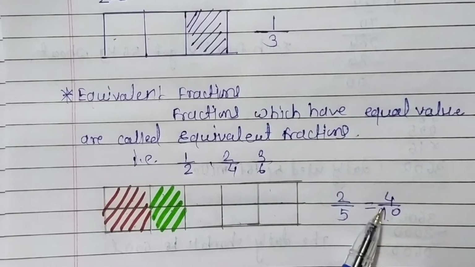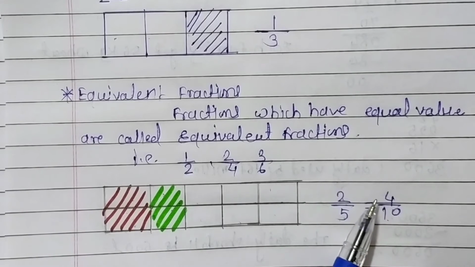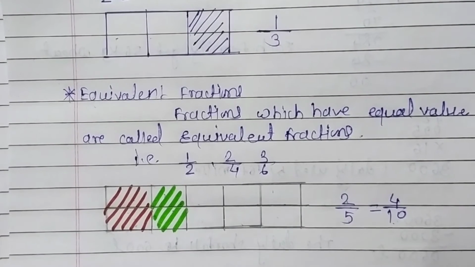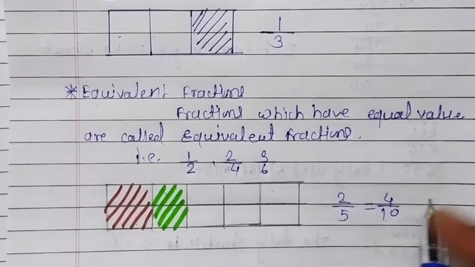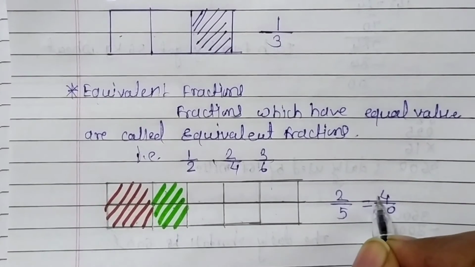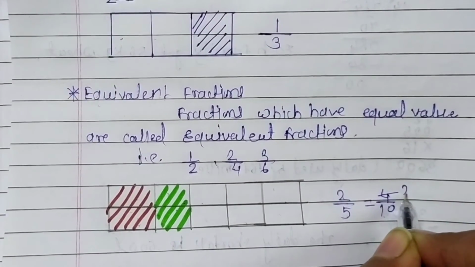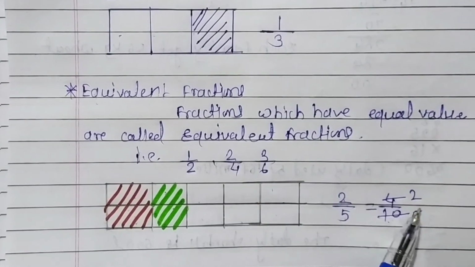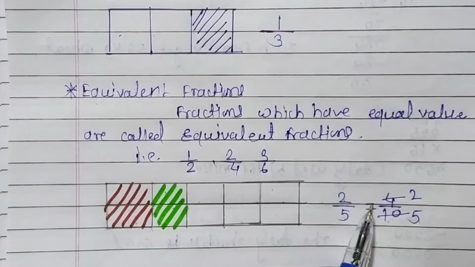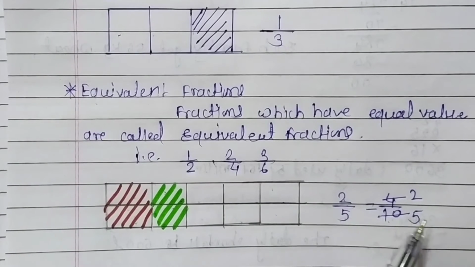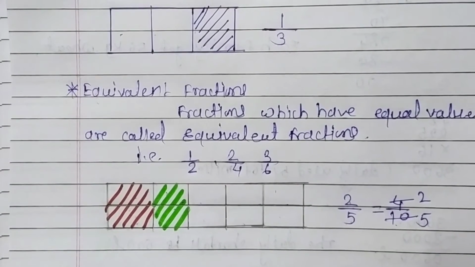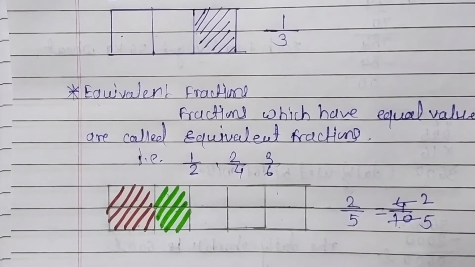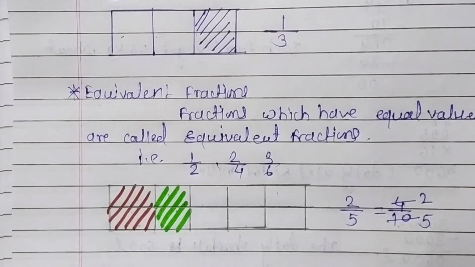Means the denominator of one is that many times the denominator of the other. When we divide it by 2, we get the fraction: 2 2s are 4 and 2 5s are 10. The same fraction we get here. So these are fractions with equal values. These fractions are called equivalent fractions.